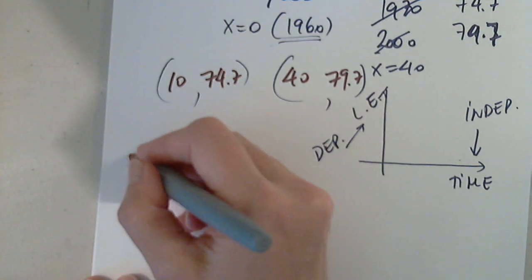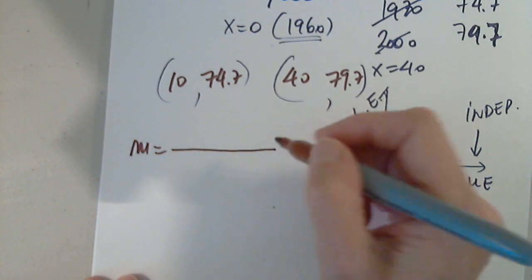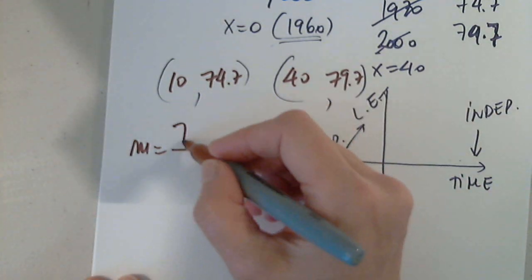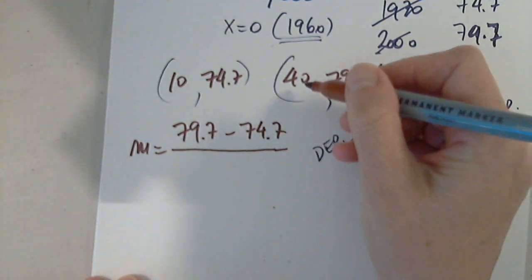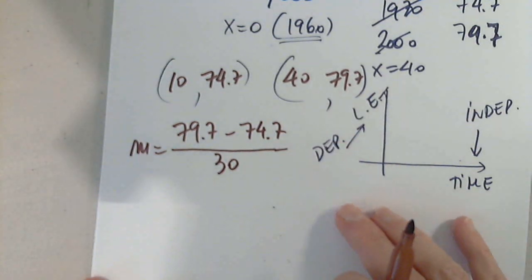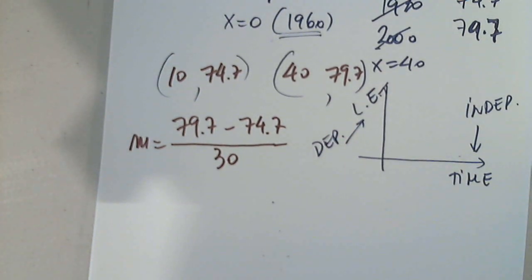Good enough? Nothing different from what we've just been doing. 79.7 minus 74.7 over 40 minus 10, which is 30. So let's see if this is an integer when we divide it by 30. Tell me what you get. I'm calculating it.